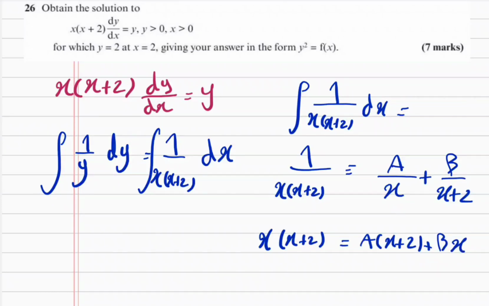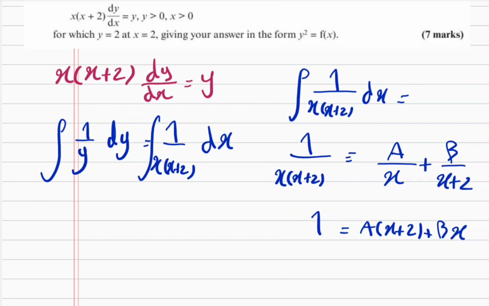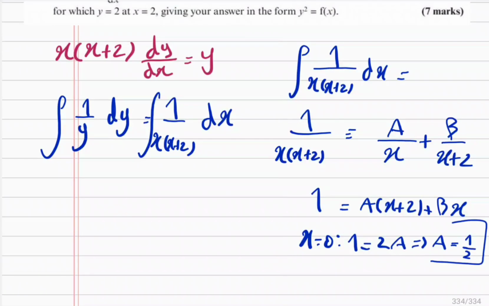Now we can set the value of x equal to 0, so that gives us 1 is equal to 2a, which means a is a half. Then we can set x equal to minus 2, so that the first bracket becomes 0, and we'll have minus 2b equals 1, so b is minus a half.